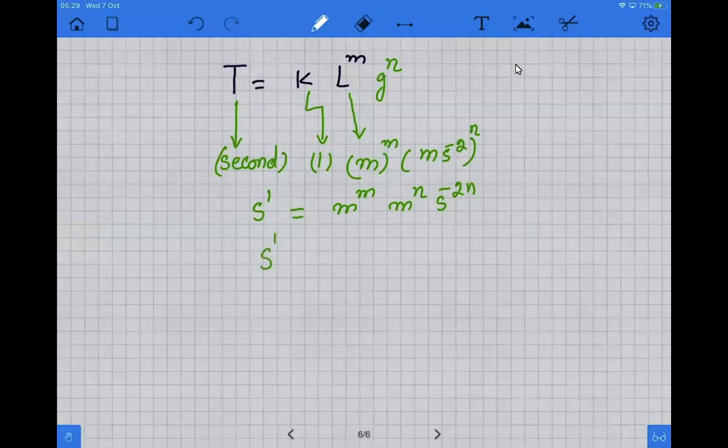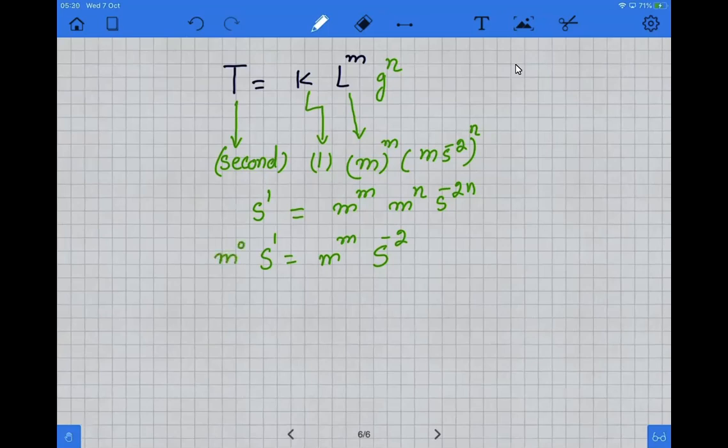Now the problem is on the right hand side we have 2 base units, and on the left hand side we have no meter. Second is present. So if you get a situation in which you get a base unit on the right hand side that is missing on the left hand side, then you will put it on the left hand side as meter power 0.